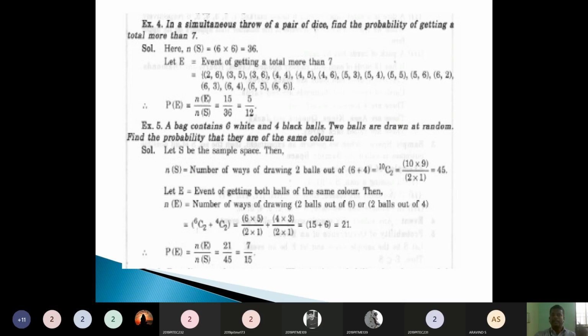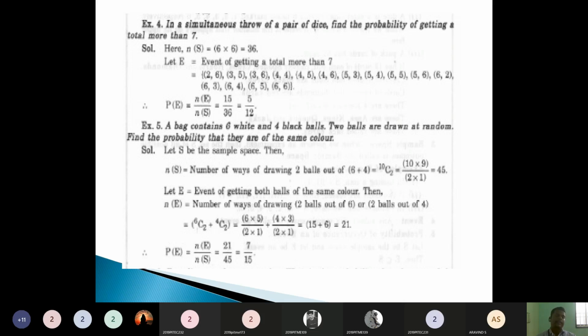Okay, so next our event is nothing but 2 balls with the same color. Those 2 balls are either white or black. So how many different ways of picking 2 white balls out of 6? 6C2 ways you can make it. If you pick two white balls, automatically you cannot pick two black balls.